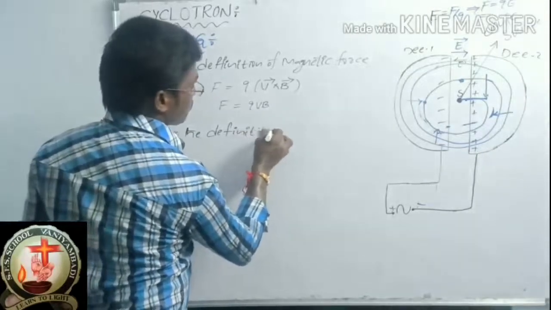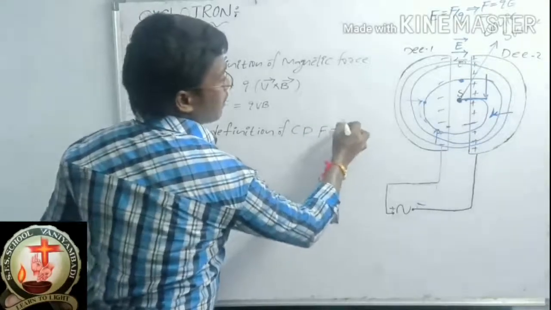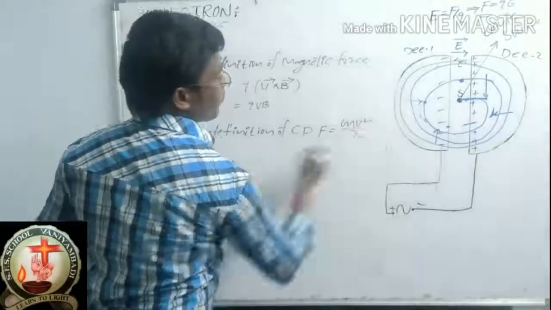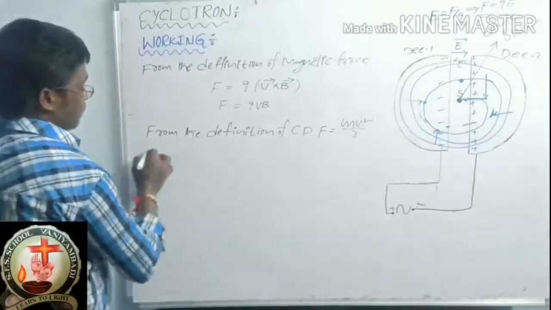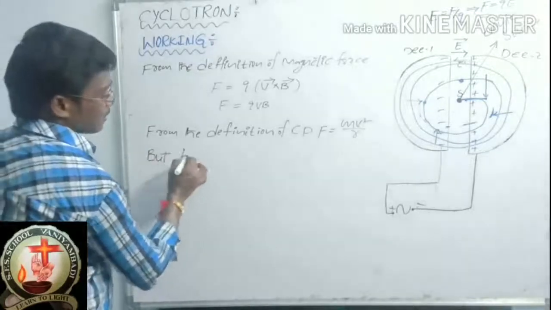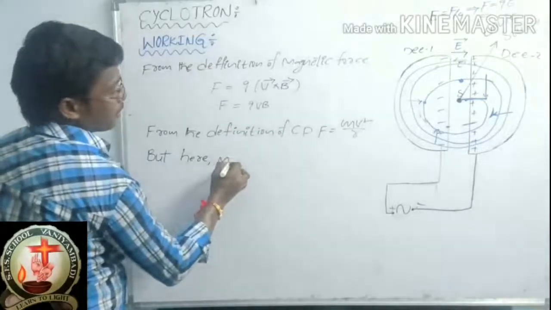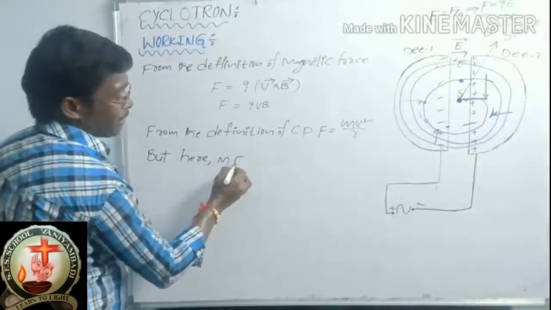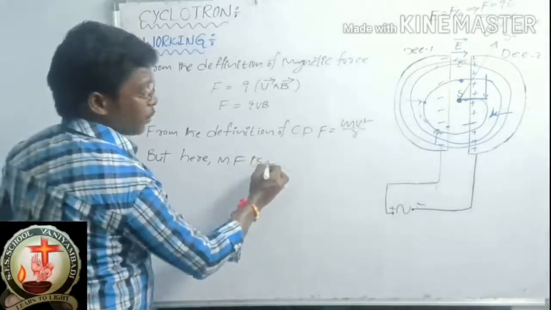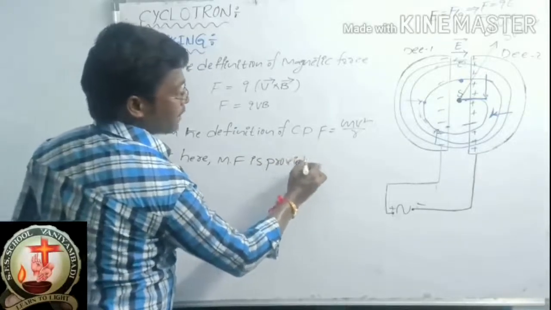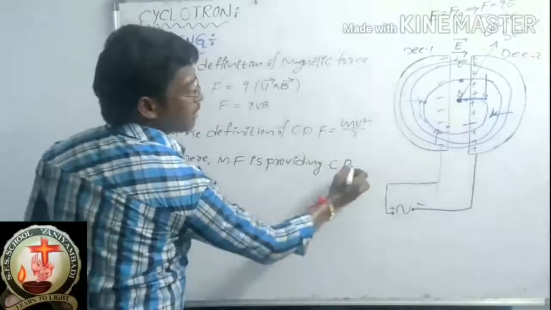From the definition of centripetal force, F is equal to m v square by r. But here the magnetic force is providing the centripetal force. MF means magnetic force, just a shortcut, and CPF means centripetal force.